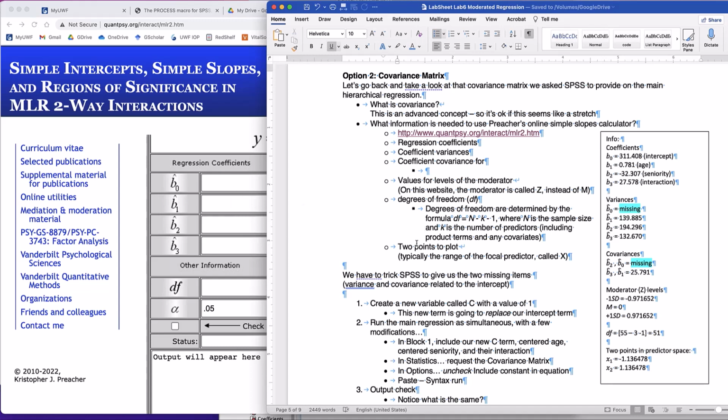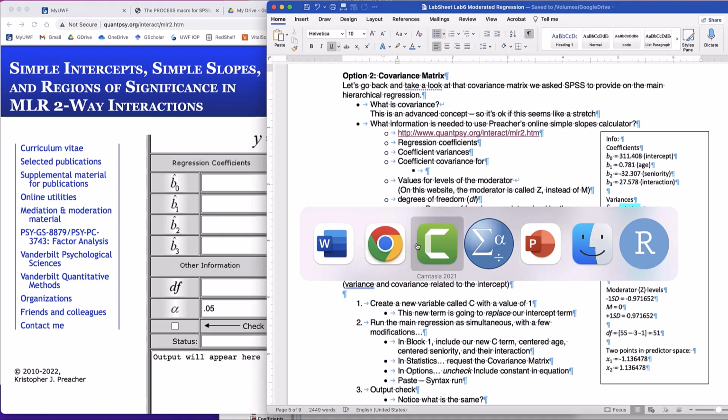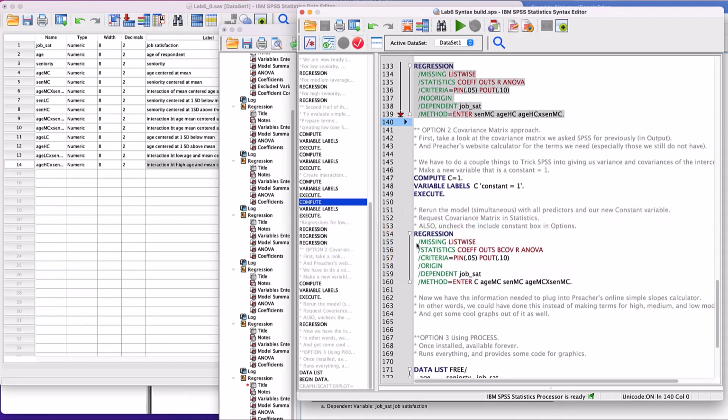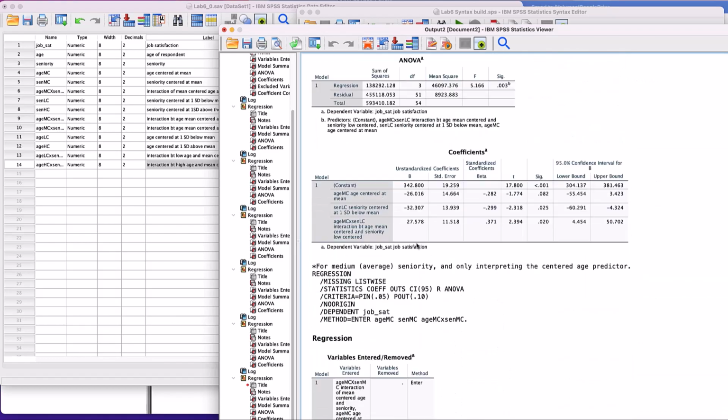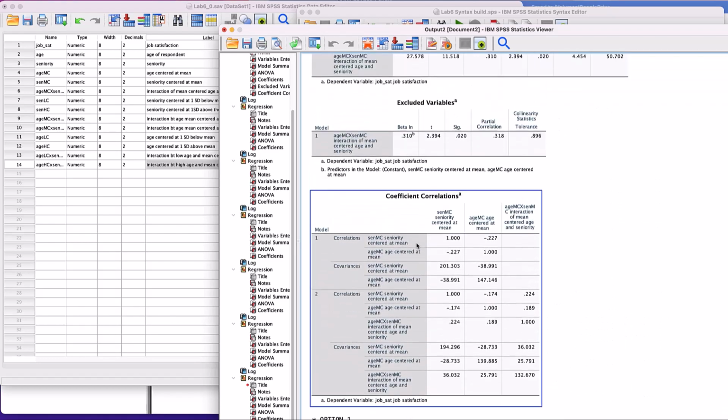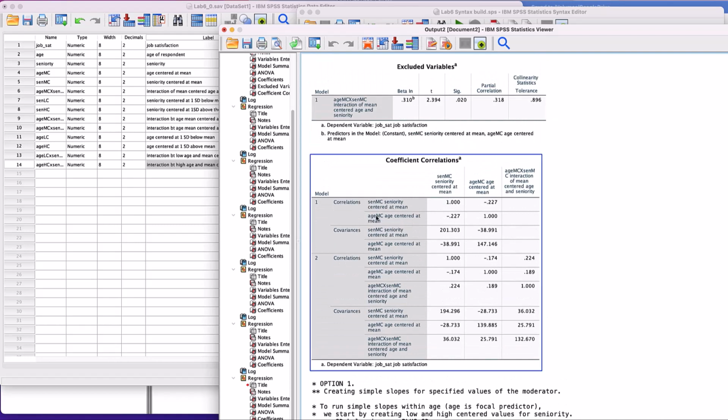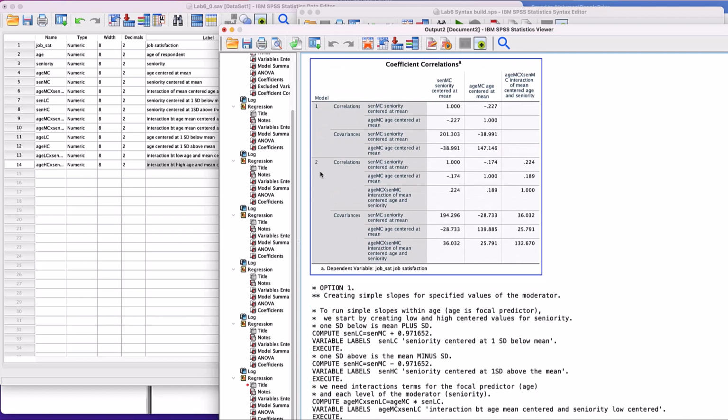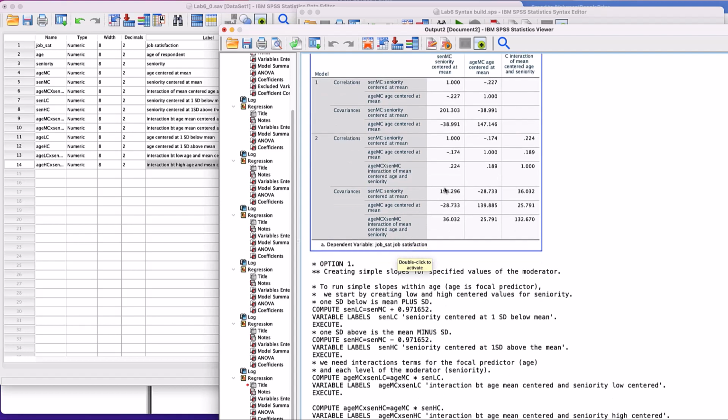And where did we get it from? Let's go to SPSS and to our output and scroll way back up to that covariance matrix we asked for right there. Coefficient correlations, that one. So looking down here, we want model 2 because it's the one with everyone in it, and this is back to our overall model, right? And what we have, like, here's seniority by seniority.